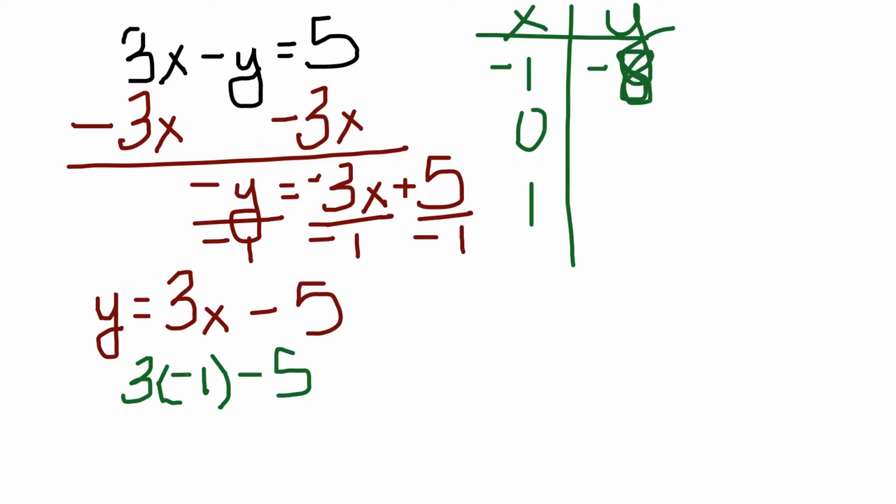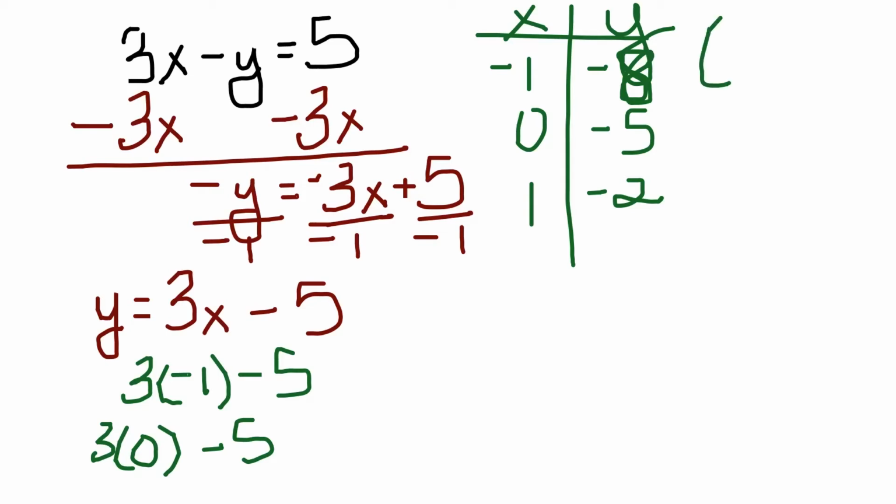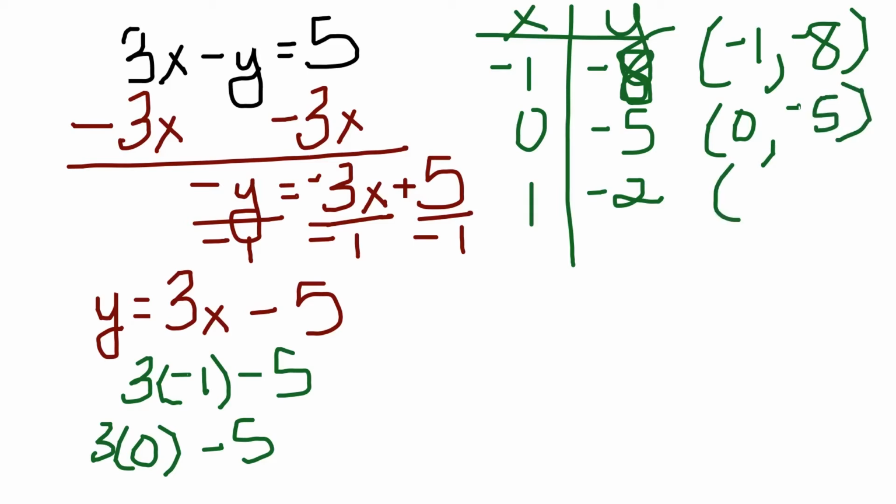When I plug in 0, I get 3 times 0 minus 5, which gives me negative 5. And when I plug in 1, I get 3 times 1 minus 5, which gives me negative 2. So my ordered pairs that work are (-1, -8), (0, -5), and (1, -2).